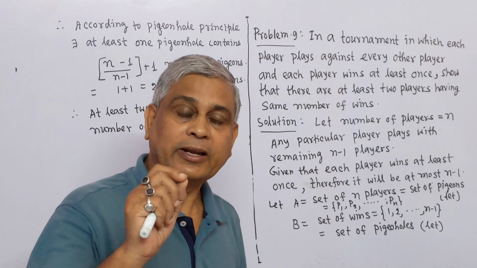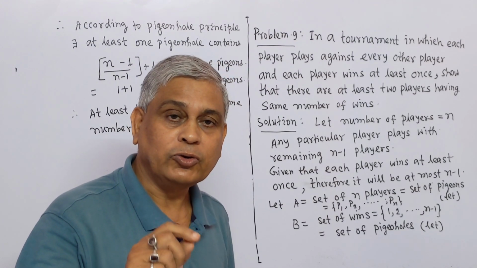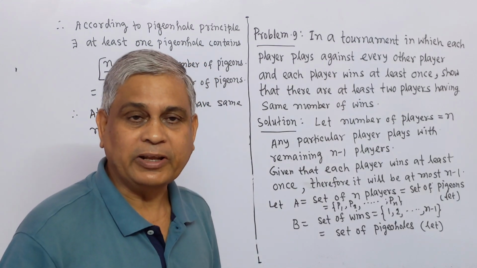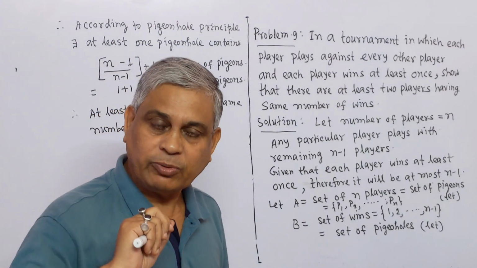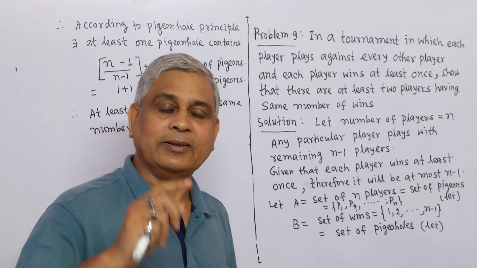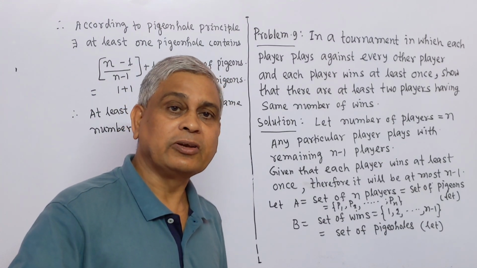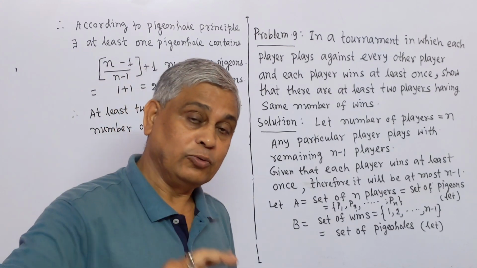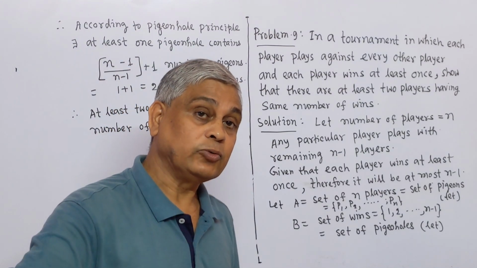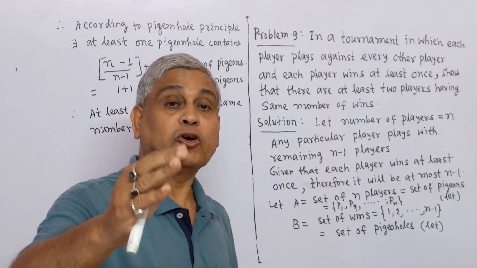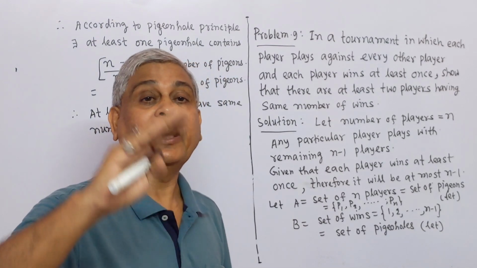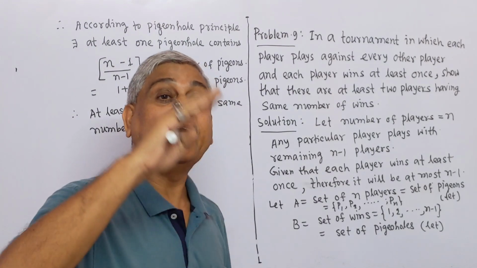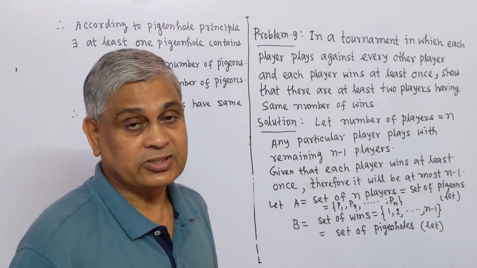If any particular player wins against one other player, the number of wins equals 1, and if this same player wins against a third player, then wins will be 2, and in this way at most the number of wins may be n minus 1, because he plays with the remaining n minus 1 players.